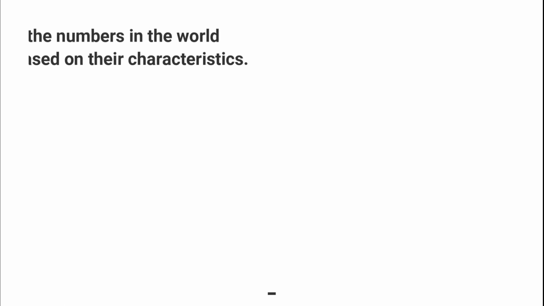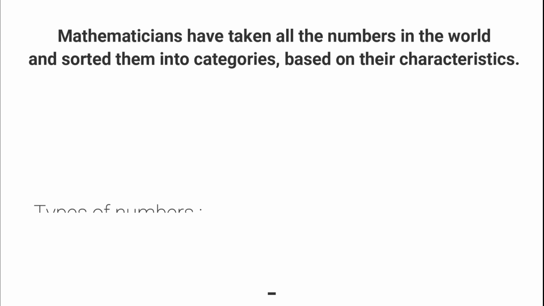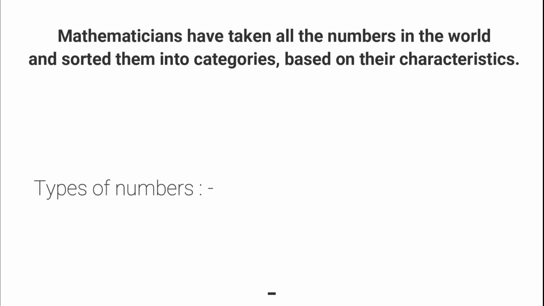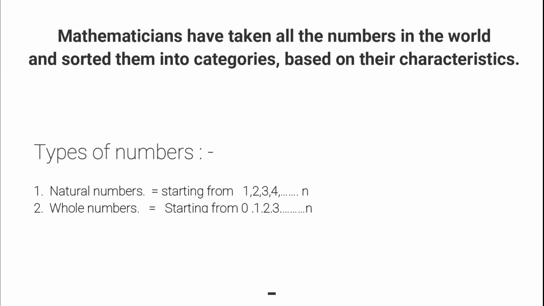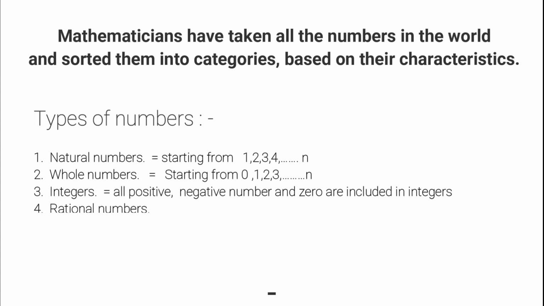of our previous class, that what exactly and how many types of numbers are there in mathematics. So mathematicians have taken all the numbers in the world and sorted them into categories based on their characteristics. So there are different types of numbers. First you have studied natural numbers, which start from 1, 2, 3, 4 up to infinity.